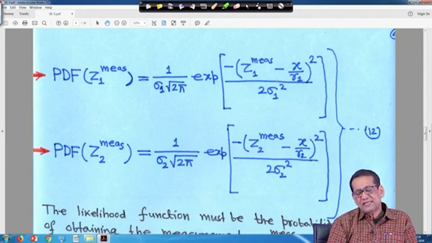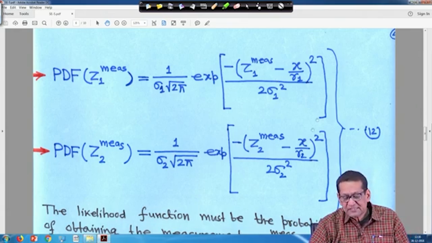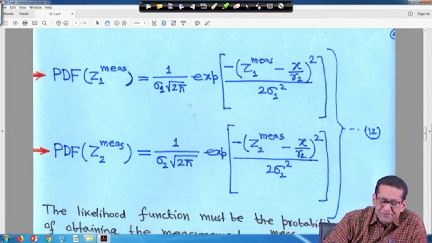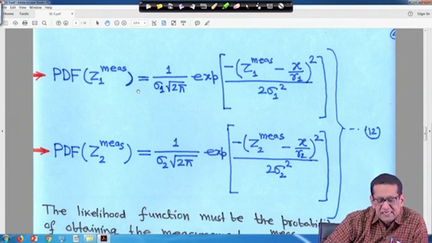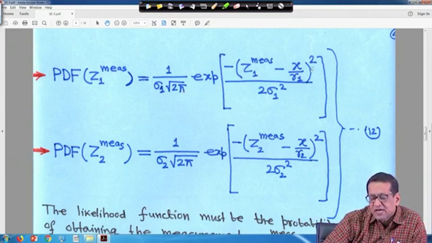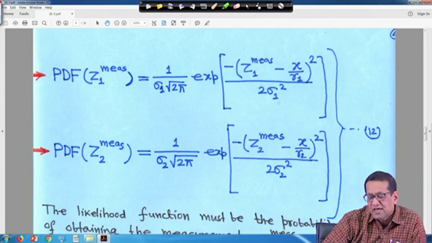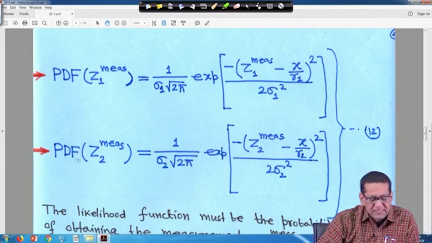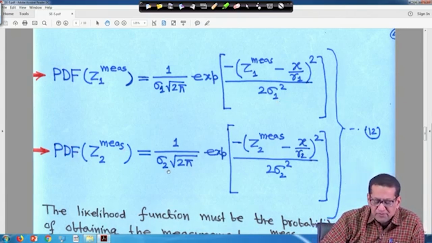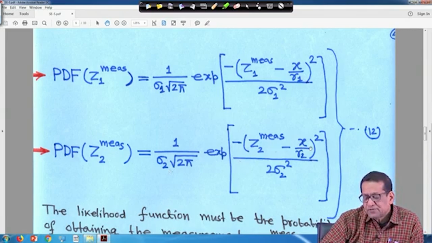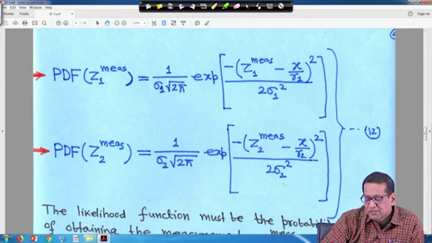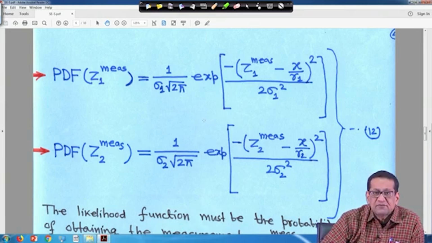Similarly, z2 true will be x upon r2. So PDF z2 measure will be 1 upon sigma 2 root over 2 pi e to the power minus of z2 measure minus x upon r2 whole square upon 2 sigma 2 square. These two equations combined are equation 12.